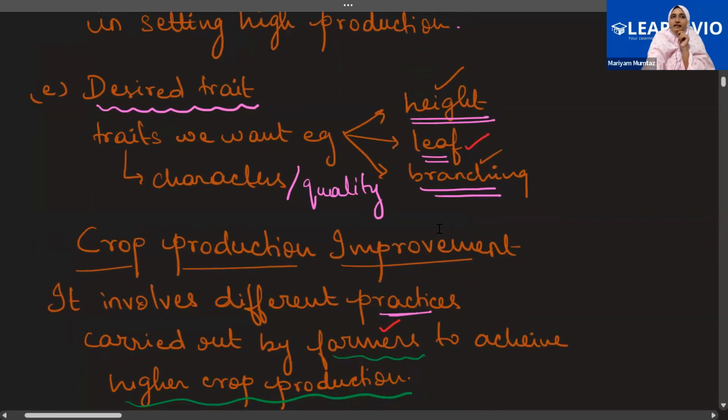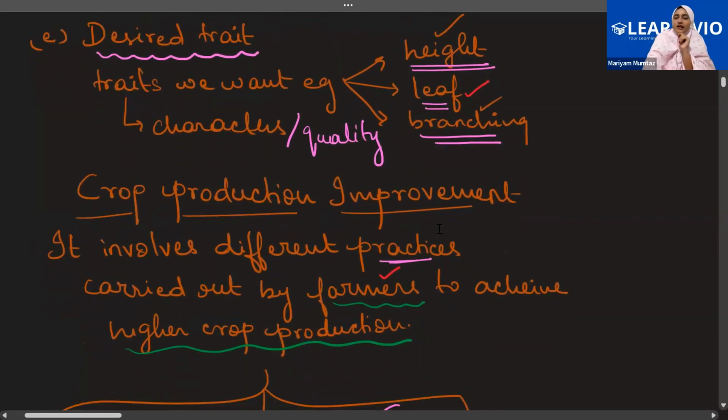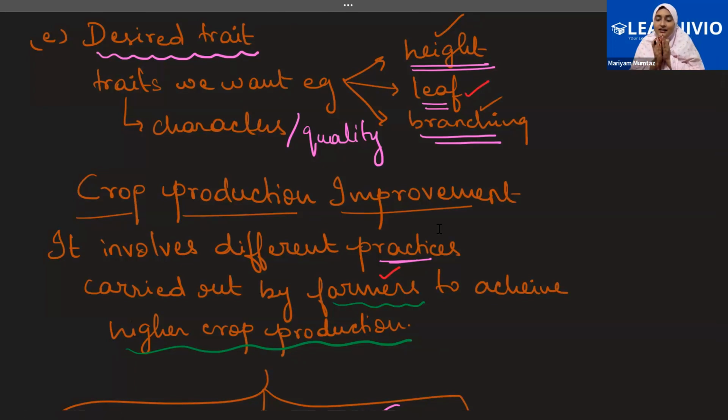Then comes the desired trait. Now what is a desired trait? Anything that we desire means that we want it, right? So a desired trait refers to those characters or qualities in a plant that we particularly want. For example, if you want a longer height of the plant, you don't want shorter plants, you want taller plants, so that is a trait you're looking for.